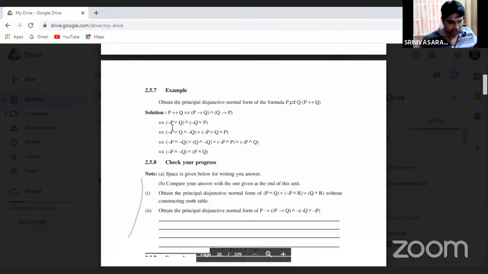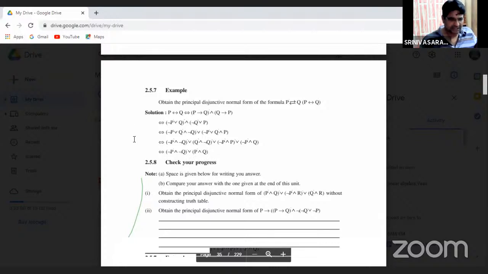Observe these two. Negation P or Q, and negation Q or P, and so on. Finally, we are getting the result: negation P and negation Q, or P and Q.